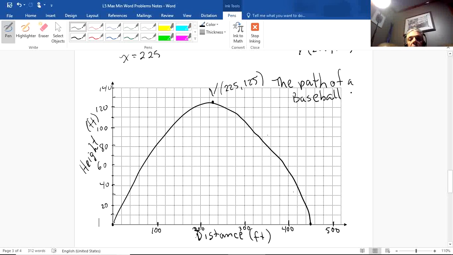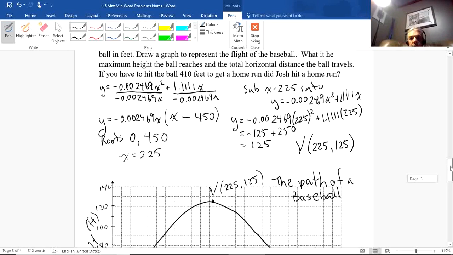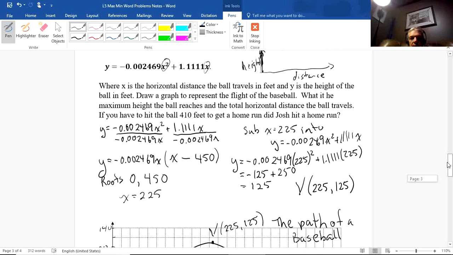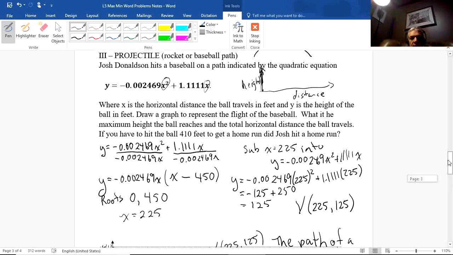So we have to go back and answer the question. What did the question ask us, right? We graphed it because it did ask us to do that, right? It said right at the very beginning, I believe. No, it doesn't. It says here, what's the maximum height the ball reaches and the total horizontal distance the ball travels?